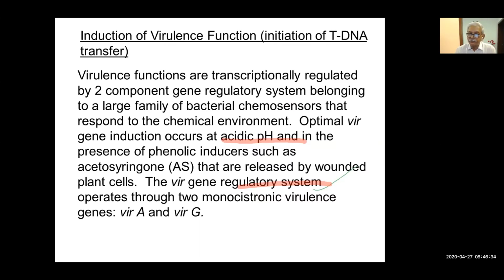Now, the virulence functions are transcriptionally regulated. And this is the actual process of infection. After talking about this slide, I will stop the lecture. So the virulence functions are transcriptionally regulated by two-component gene regulatory systems.